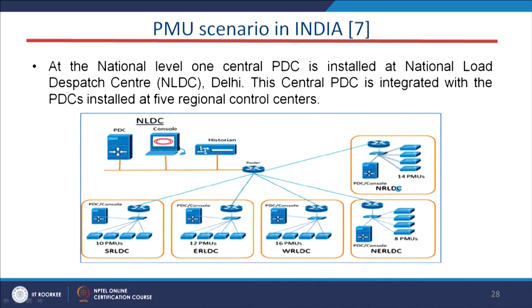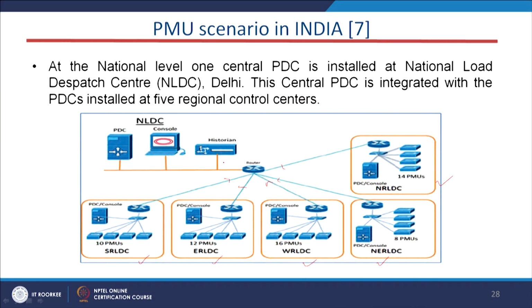Now I will discuss the PMU scenario in India. We have different load dispatch centers: SRLDC means the southern region load dispatch center, and this is our eastern region, this is western, this is northeast, and this is the northern region. We have a total of 5 load dispatch centers, and at every one we have PDC, phasor data concentrator stations, and from there the data are passed to our national load dispatch center, where we have a national PDC.